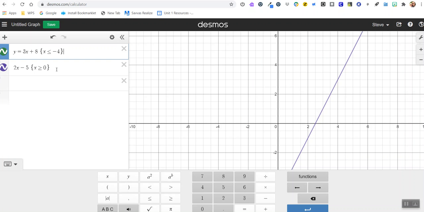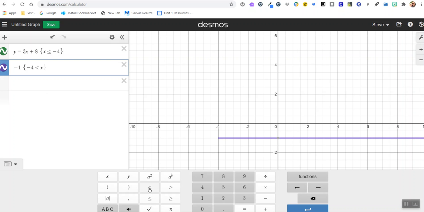And then I also have when it is equal to -1, and that's going to be when it is between -4 is less than x is less than or equal to 2. So you have that.